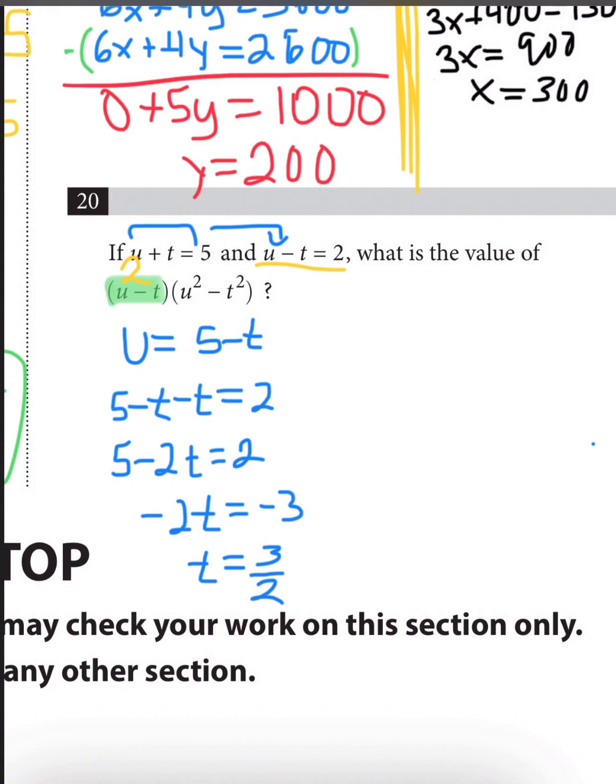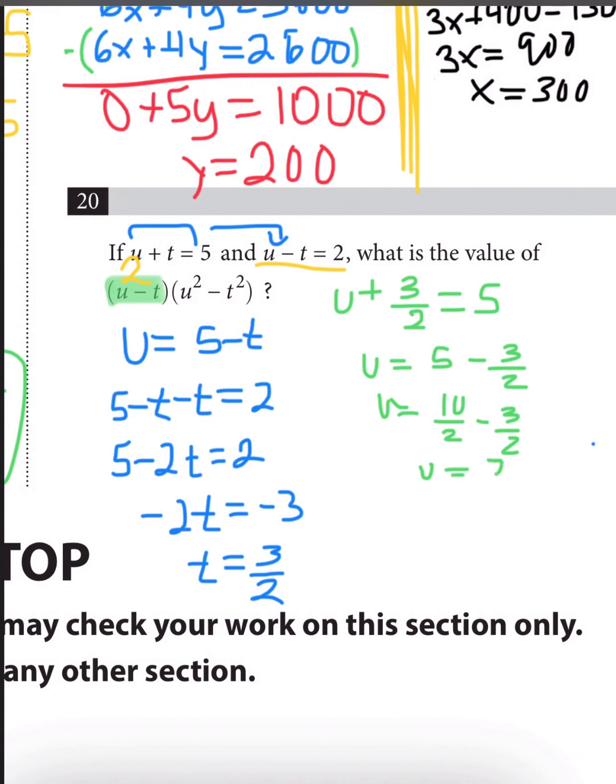So u plus 3 over 2 equals 5. U equals 5 minus 3 over 2. So u equals 10 over 2 minus 3 over 2. U equals 7 over 2.